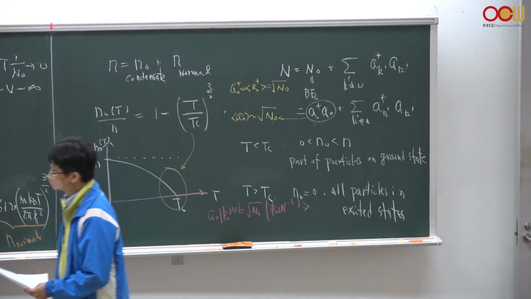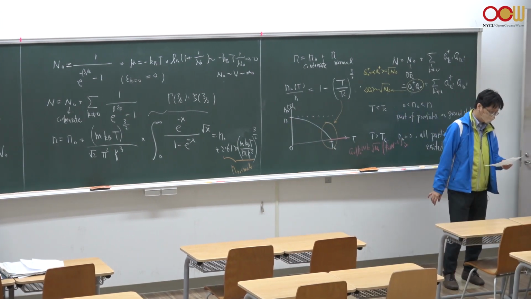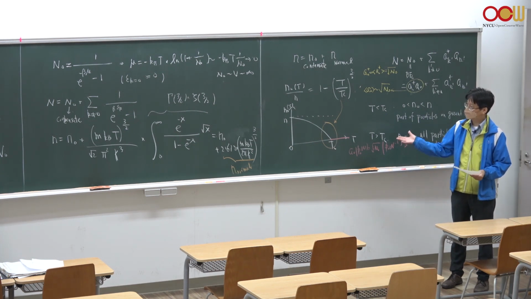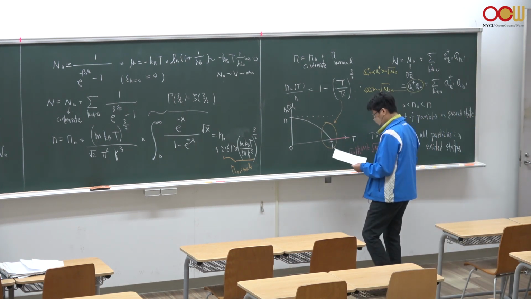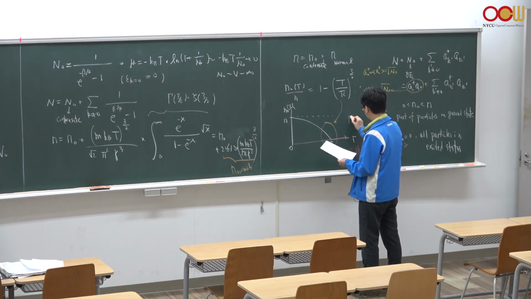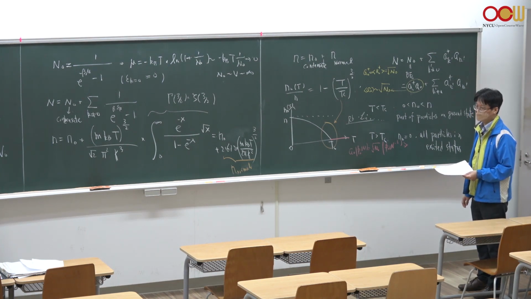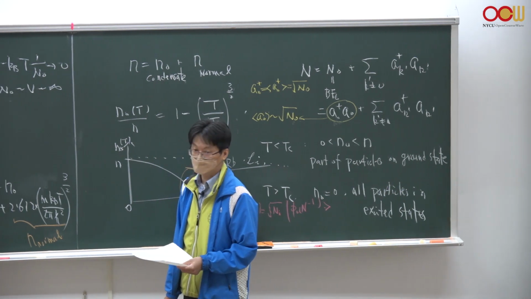Okay, so let's summarize the BEC phenomena. There are many examples of bosonic atoms in the periodic table that have been shown to have such a BEC phenomenon experimentally. In particular, rubidium, lithium, and other bosonic atoms in the periodic table have already been shown to have such features of BEC.